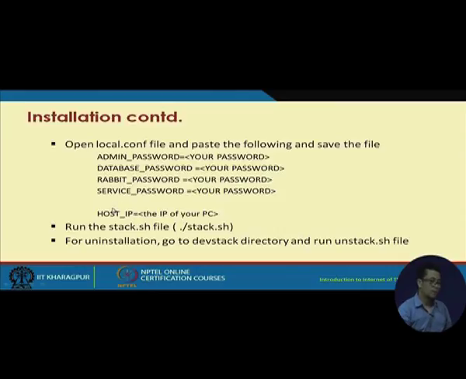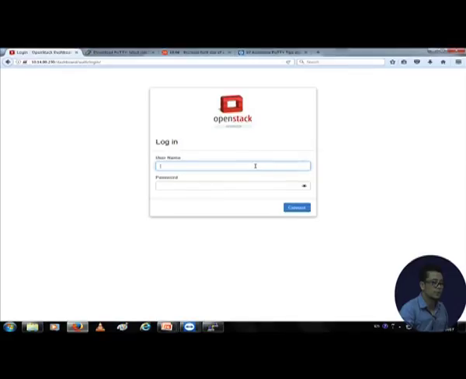After that, let's go to the actual cloud and see how to launch an instance, how to delete it, and how to access the instance. So let's go to the cloud. I'll be accessing as the admin.